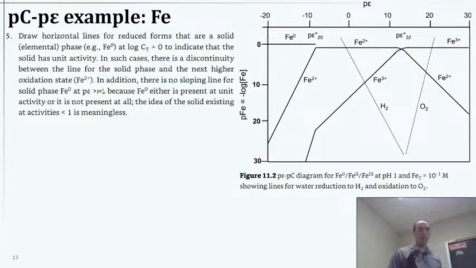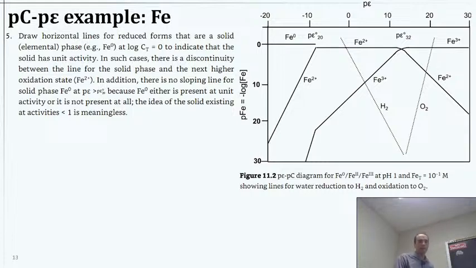Okay. Part 5, we are going to draw horizontal lines to form the solid elemental phase, so Fe0. That's what we're going to do right here. The concentration of a solid, or the activity of a solid, we treat as 1, no matter what. So if we have solid in the situation, then that negative log of 1 is going to be 0, right?